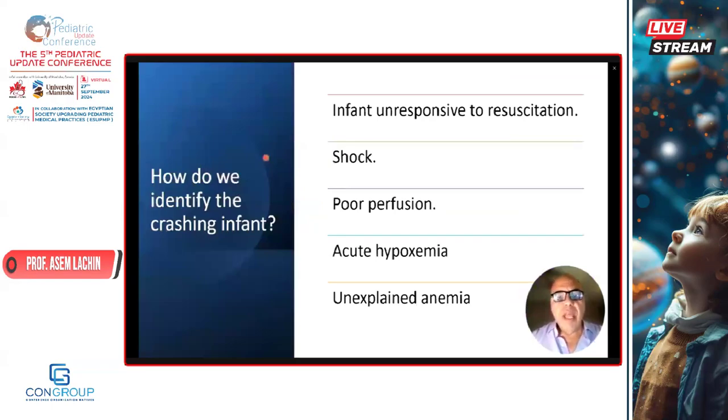At the beginning, how do we identify the crashing infant? What do we mean by the crashing infant? Let us say it is an infant unresponsive to resuscitation or in shock with poor perfusion, acute hypoxemia, or even unexplained anemia.